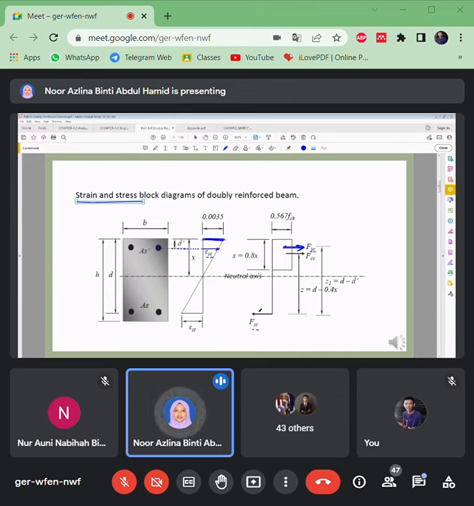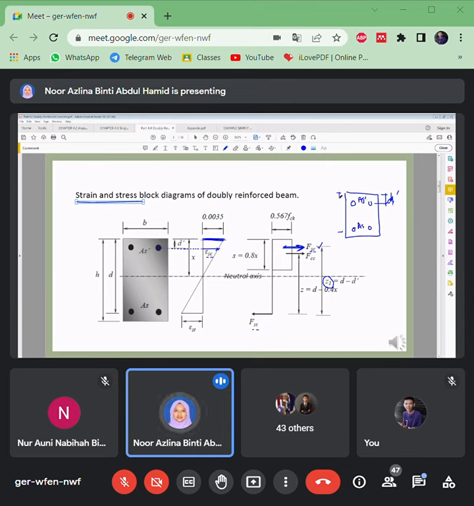The rest is still the same, but due to this additional compression reinforcement, there will be another force FSC. So there will be a Z1 here. Z1 is the length from the depth, then you have to minus the D prime. If I draw this, this is AS prime that has a D prime, and then for tension it is AS.